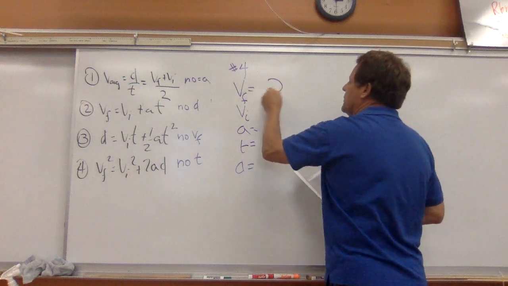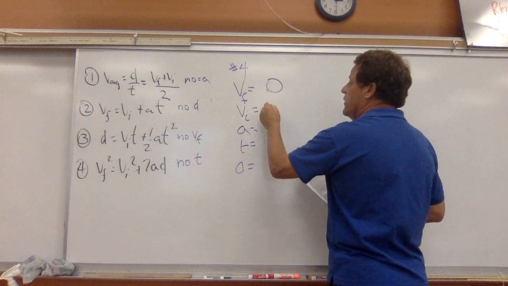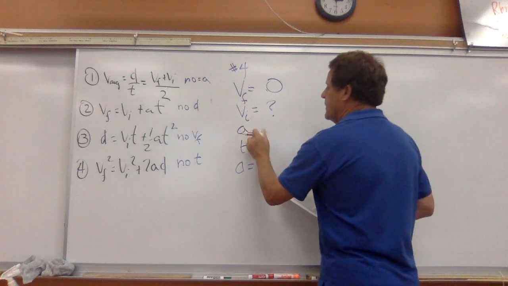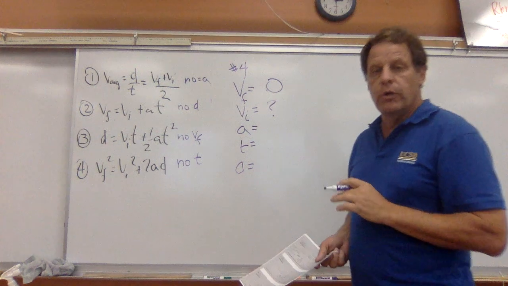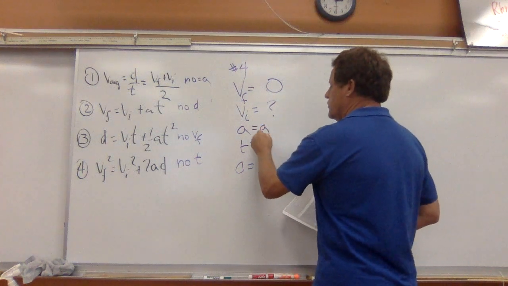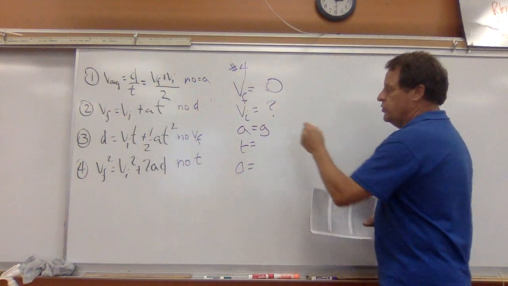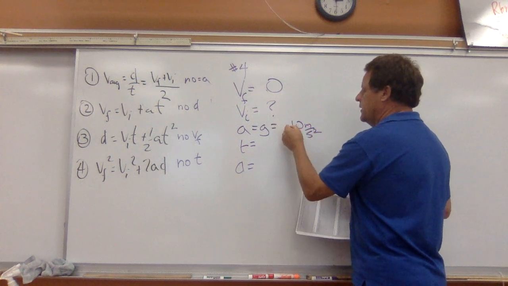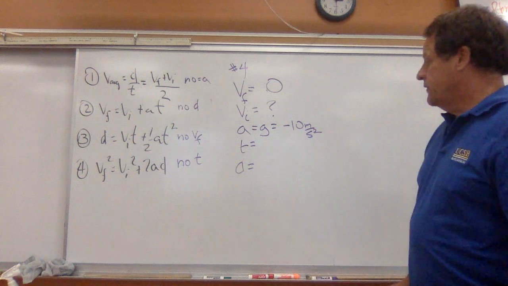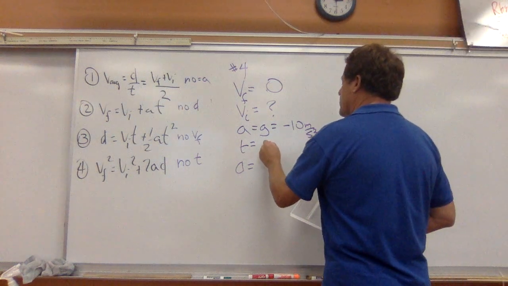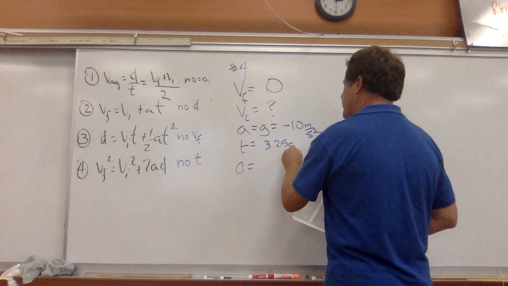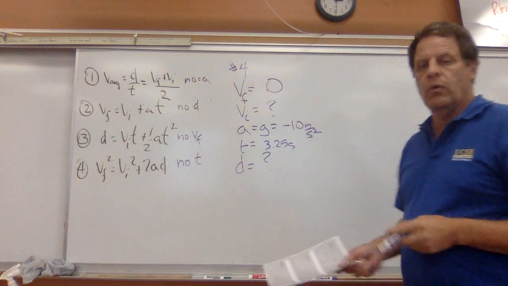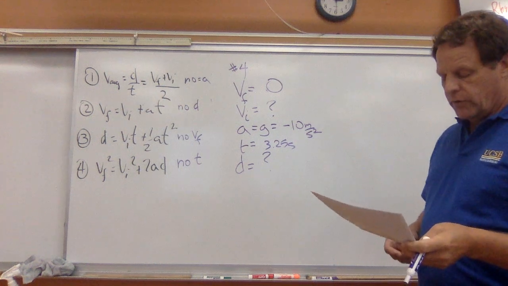So this is going to be 0. The initial velocity, we do not know. Acceleration, we do know, and that is g. It's gravity, which you know is 10 meters per second squared, and that's going to be negative. We know the time is 3.25 seconds, and we don't know the distance, which is what we are looking for.